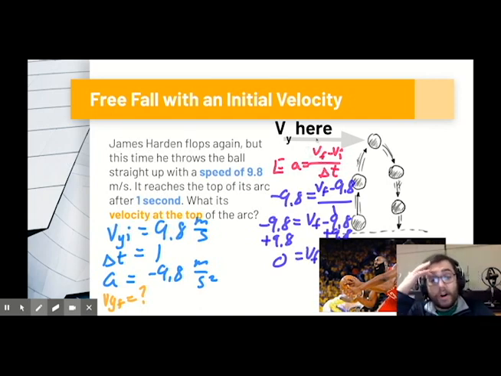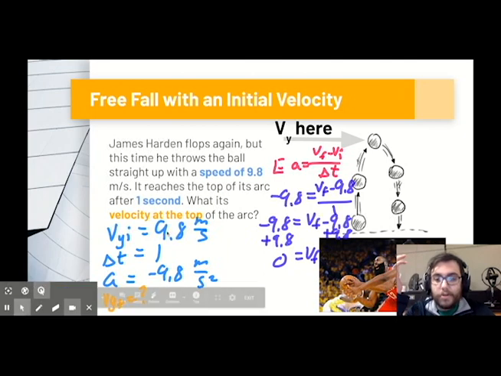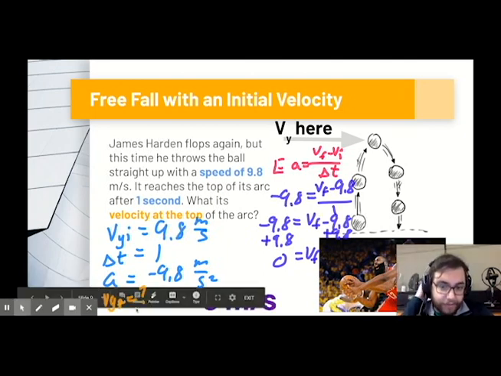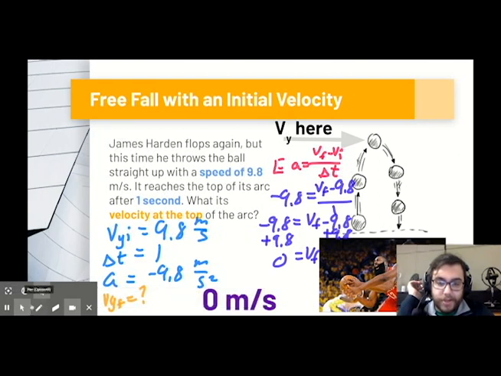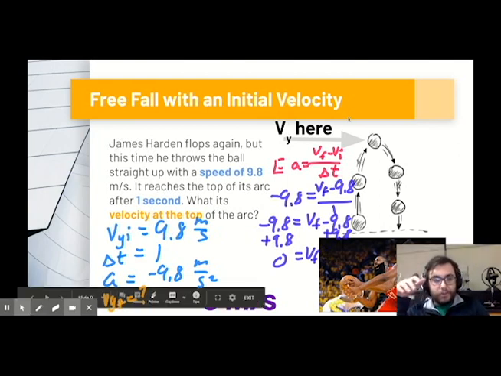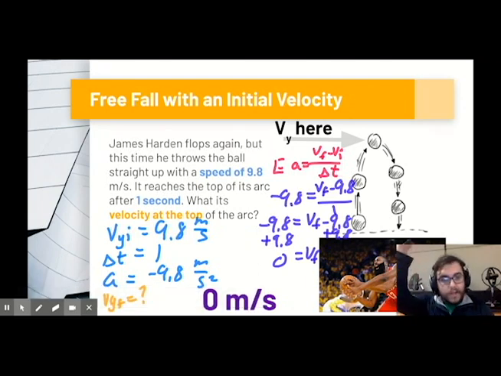So, in all reality, we don't need to do all that math for this type of problem right here. We should pretty much understand that if you were to throw an object up, in order for it to come back down, it will have to cross back from positive velocity into a negative velocity, right?